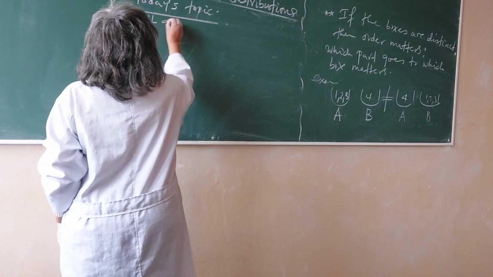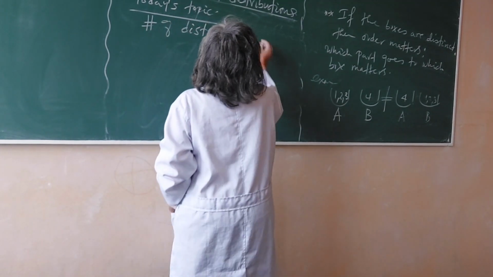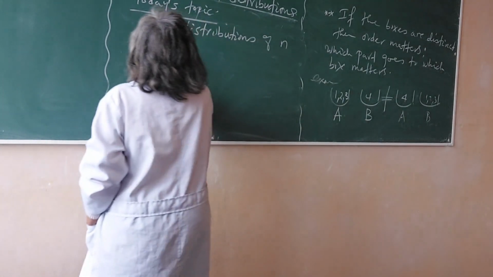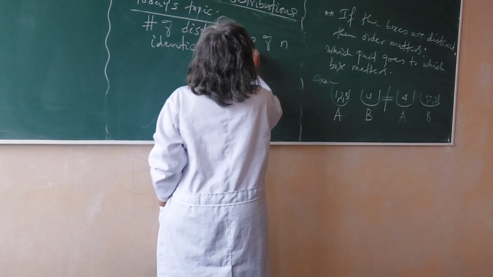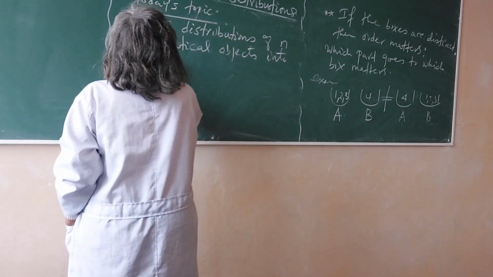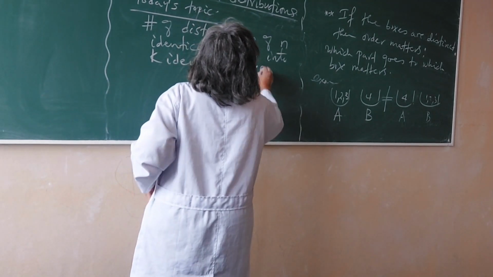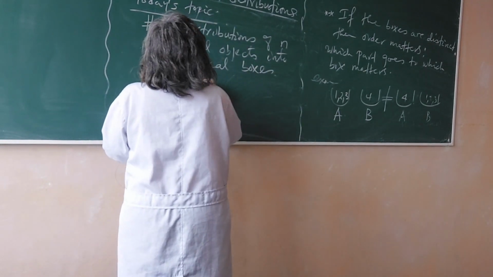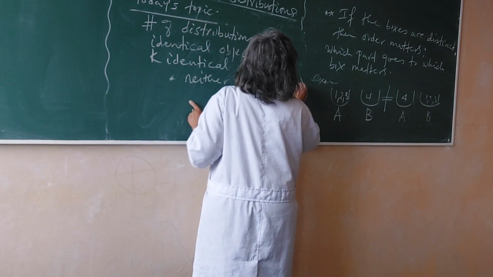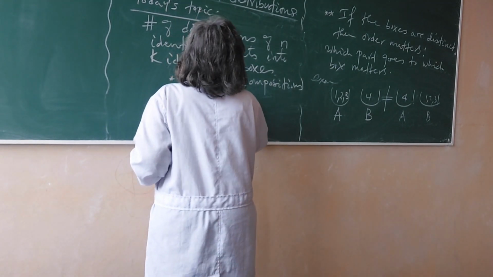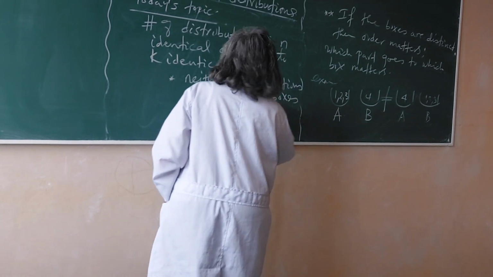This is the number of distributions of n identical objects into k identical boxes. Okay? So here, neither compositions nor order of boxes matter.